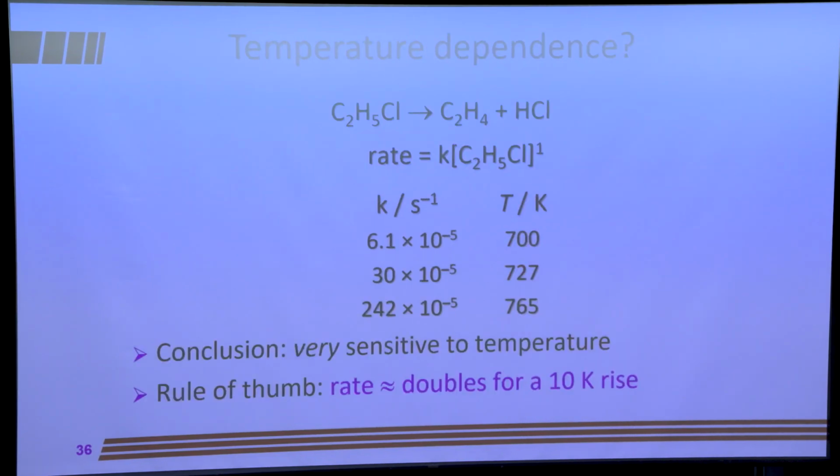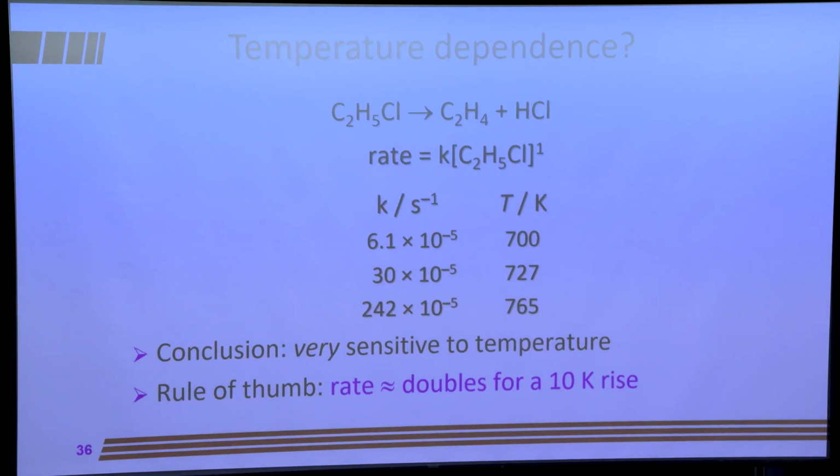Okay? So if we go back now, we had this at the start, ethyl chloride giving us ethylene plus HCl. The rate is equal to this expression here. We have these rate constants versus temperature. So if we plot log of K versus 1 over T, we should now be able to get the activation energy and the frequency factor for the rate constant for this reaction.